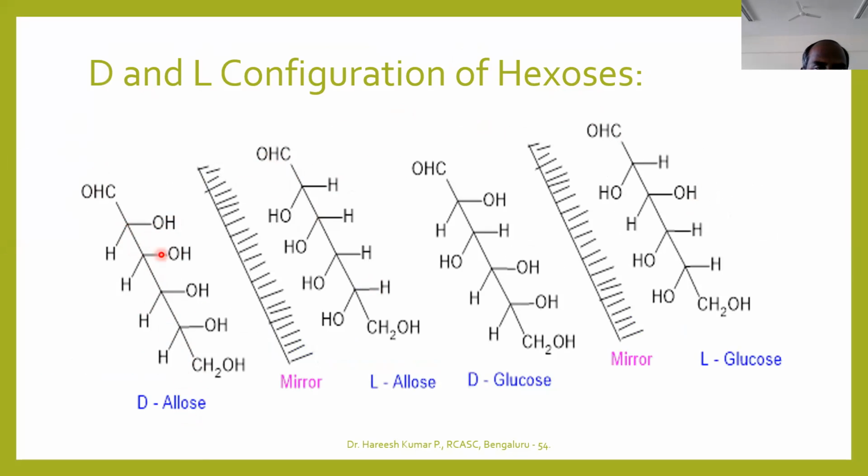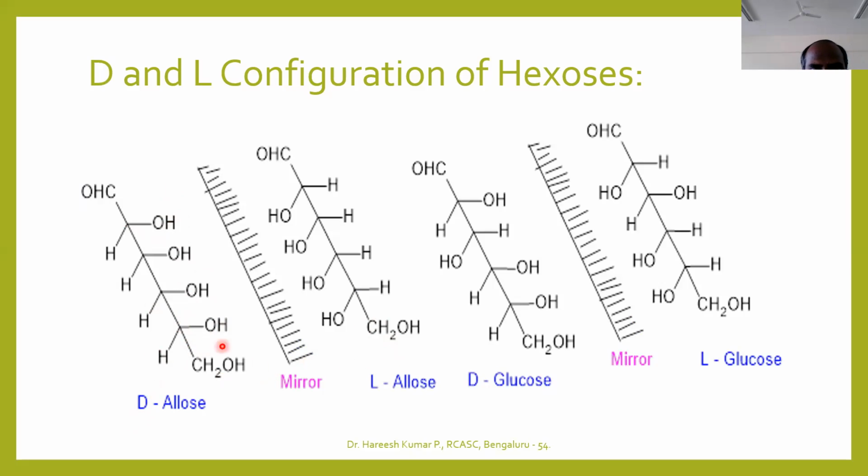And the name of this compound is allose. Here you can observe hydroxy, hydroxy, hydroxy, hydroxy, all the hydroxy groups are on the right hand side. But you have to look only at the bottom chiral carbon atom, that is this. And if the hydroxy group is on the right hand side, then it's called D allose.